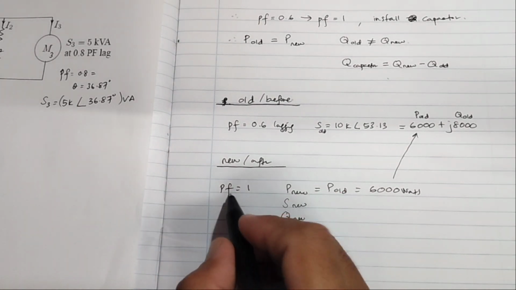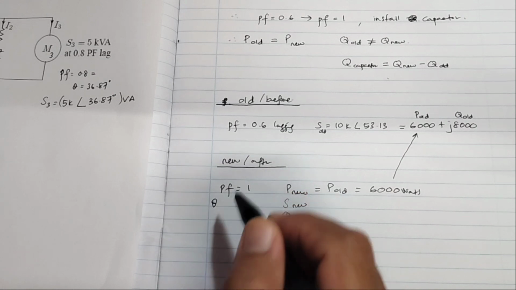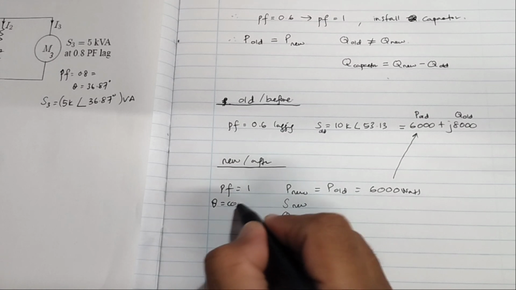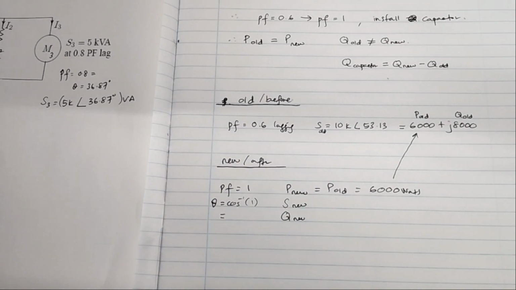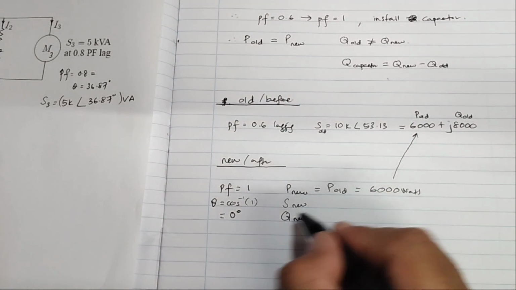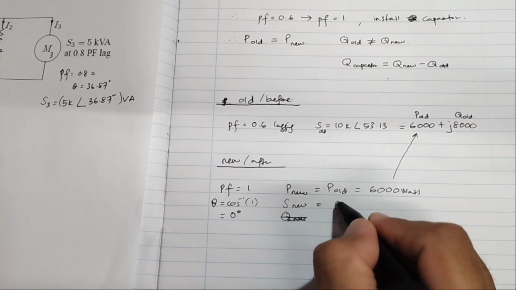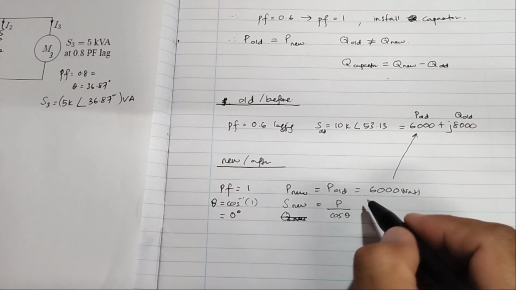Sudut dapat tak? Bila ada power factor, dapatlah sudut. So, sudut sama dengan shift cos 1 lah. Dapat berapa? Shift cos 1 dapat kosong. Sudut dia kosong. So, ingat formula S is equal to P over cos theta, ingat?